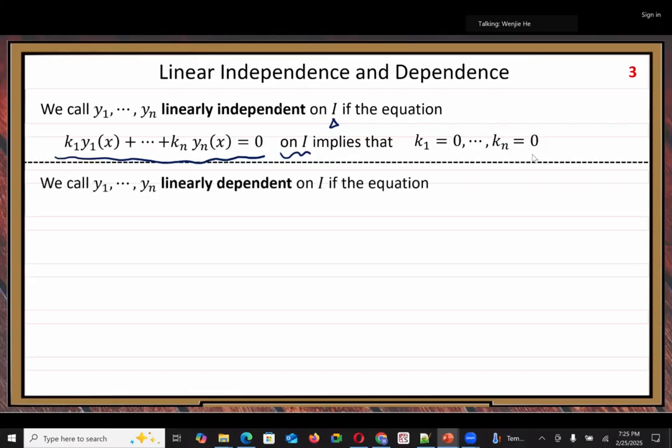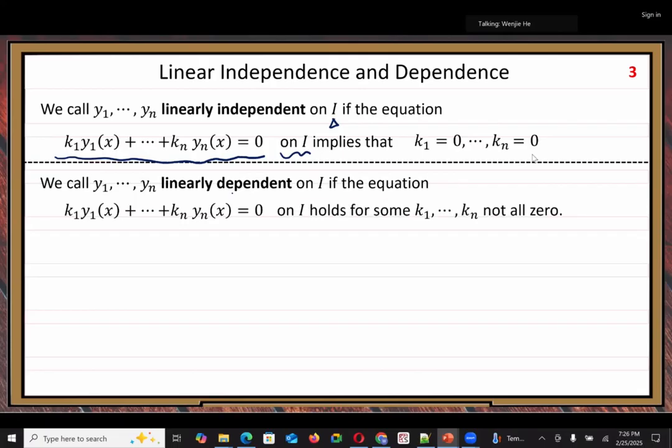Linearly dependent: we call these n functions y1 through yn, nothing to do with solutions of any ODE, linearly dependent on this open interval I if the equation, the linear combination of these n functions equal to 0 on I, holds for some non-zero constants.